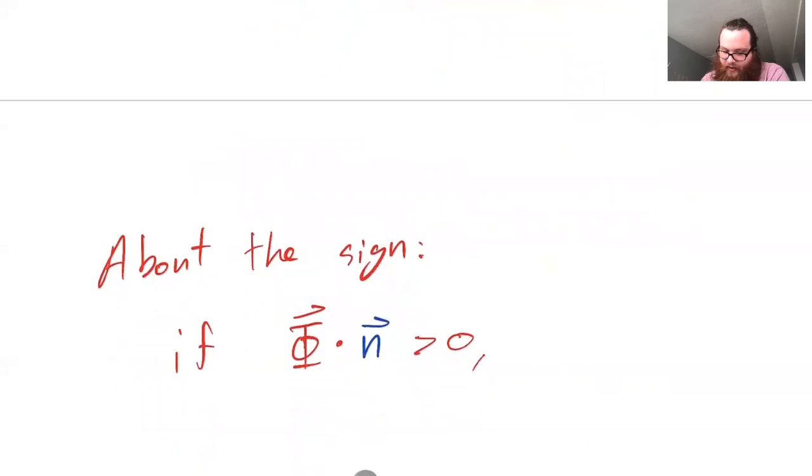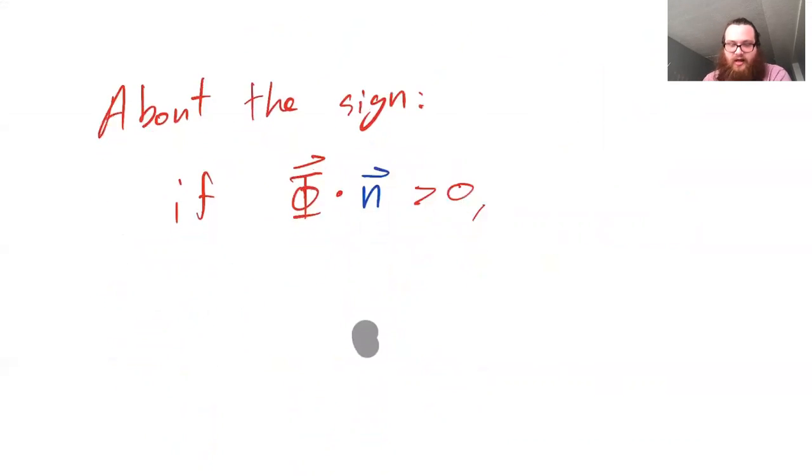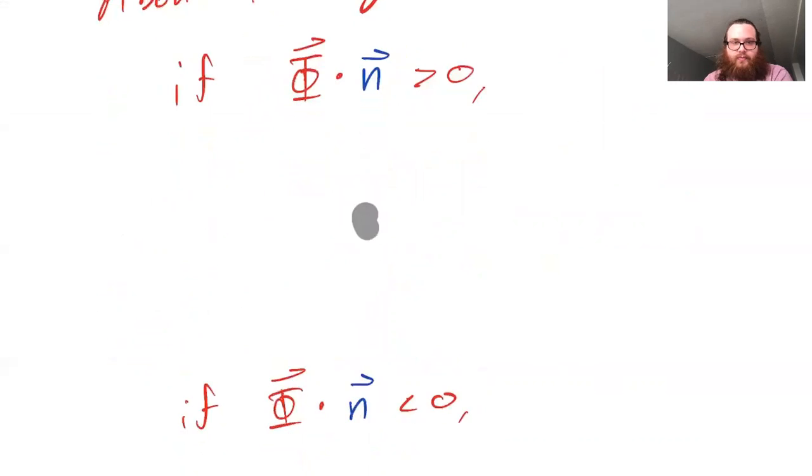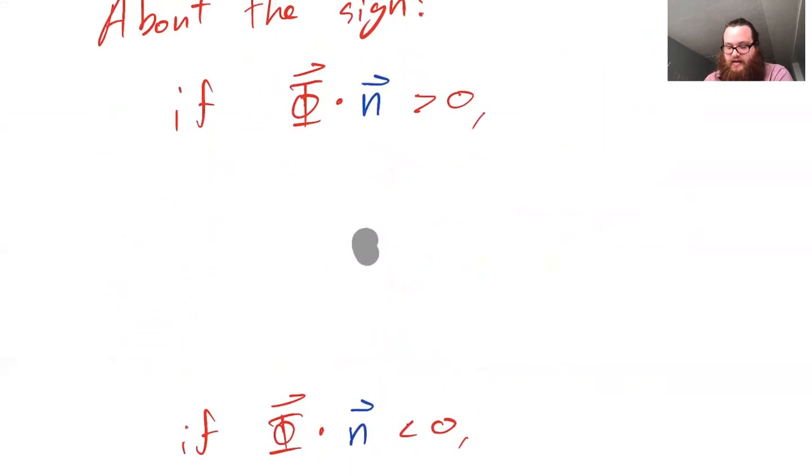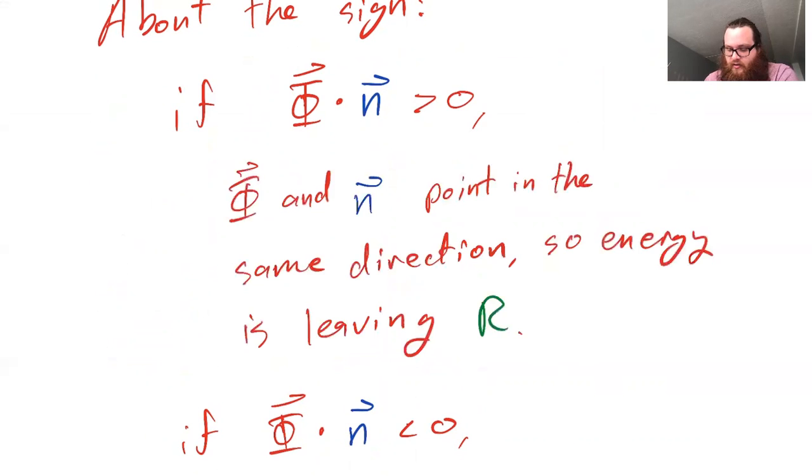Okay. So one comment about the sign. We have two possibilities: either phi, the flux, dotted with the normal vector is positive, or it's negative. So what does it mean if phi dot the normal is positive?